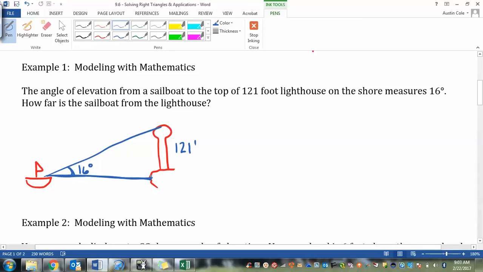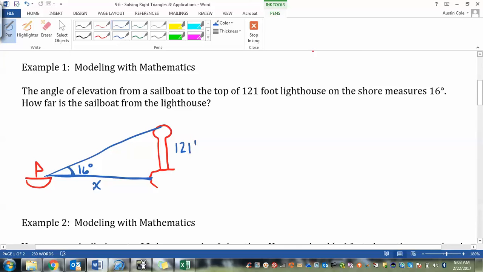Okay, it asks us, how far is the sailboat from the lighthouse? Is it the hypotenuse or the adjacent one that we're trying to find? Adjacent. When I talk about how far away something is, it's always going to be a horizontal distance. Okay? So I'm going to put an X there.